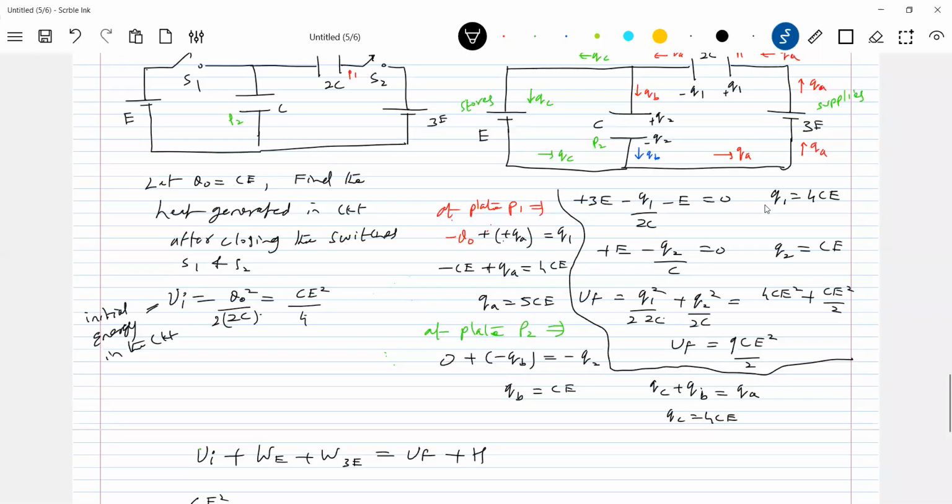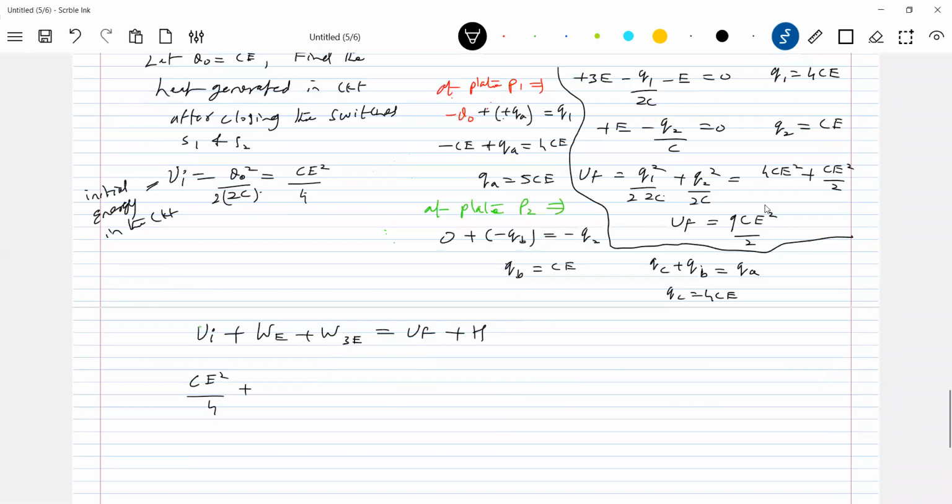Work done by cell E: it does negative work, no? Minus QC into E. Why should I take the negative sign? It does negative work. Then this will be QA into 3E, equal to 9 C E square by 2. Substitute the QA and QC values, solve it, and you'll get the heat generated.